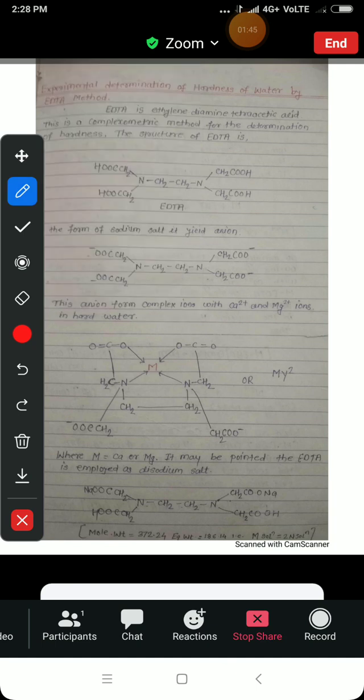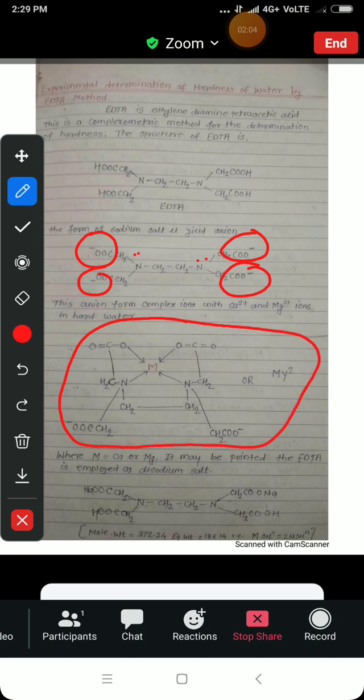So what are the 6 points? First one is this oxygen, second one is this oxygen, then third this oxygen, fourth this oxygen, and the lone pair present on the nitrogen. In this way it attaches to the metal at 6 points and forms such a complex structure. That's why it is also called a complexometric agent.